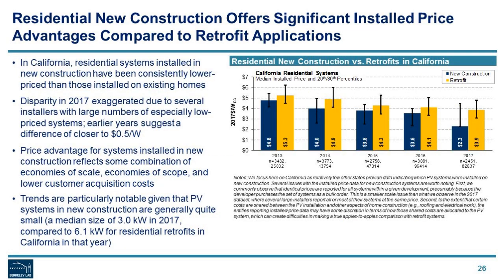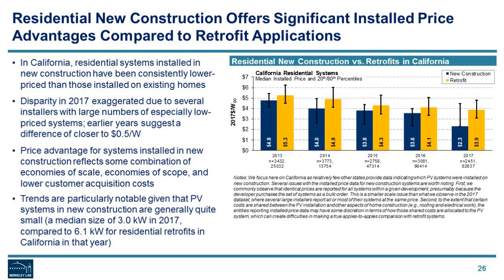So the vast majority of residential systems in our data set are retrofits on existing homes. A small percentage of systems are installed on residential new construction, often in large housing developments as either a standard or an optional feature offered by the developer.